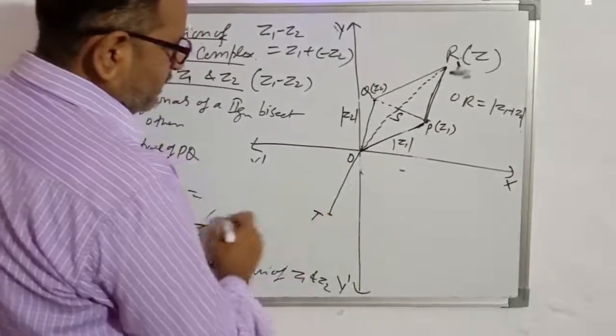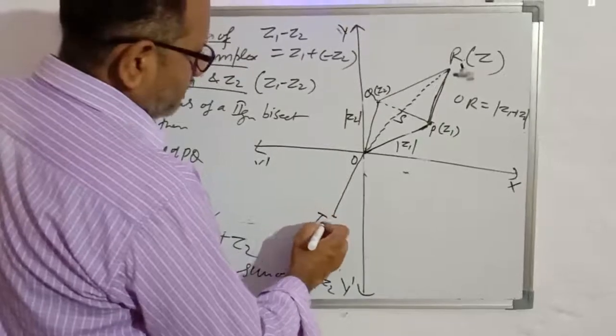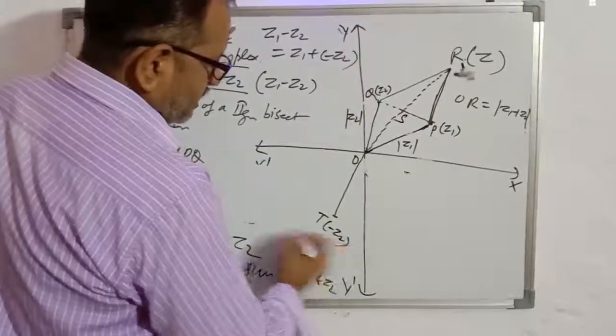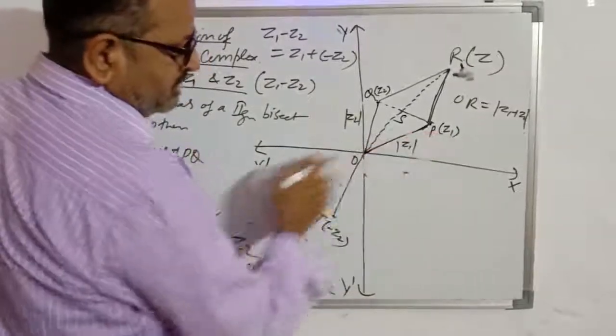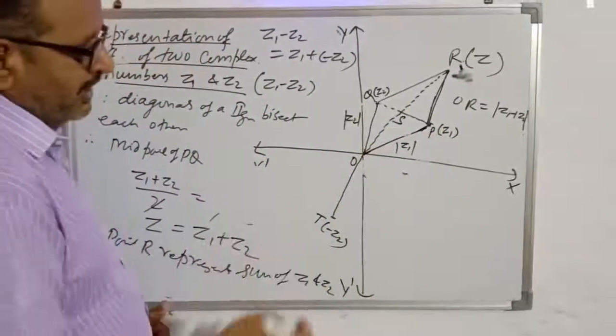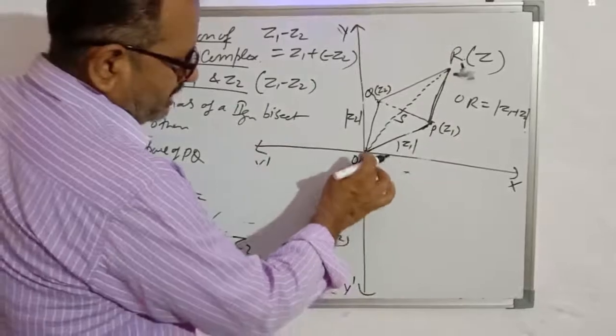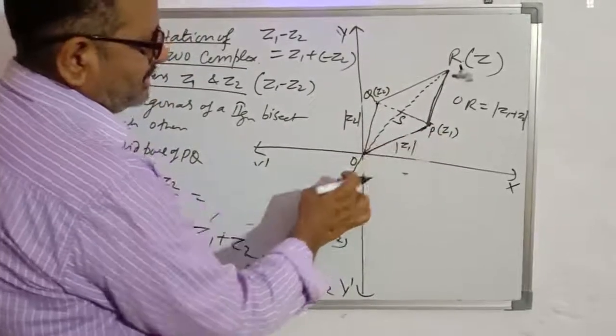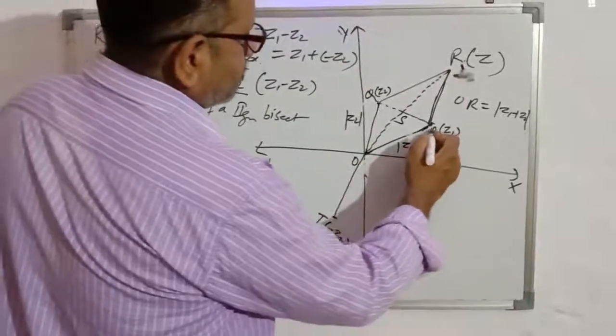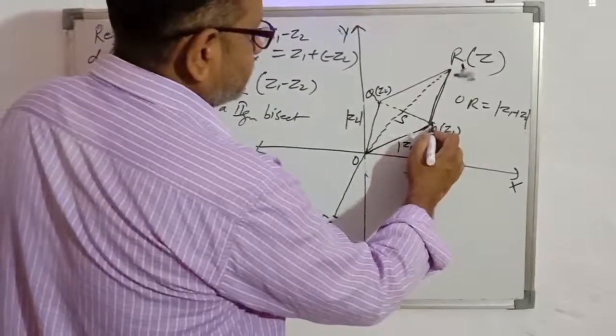Suppose this point is T and it represents minus Z2. So we have to add minus Z2 to Z1. So again we will make a parallelogram taking OP and OT as the adjacent sides. How can we represent it?